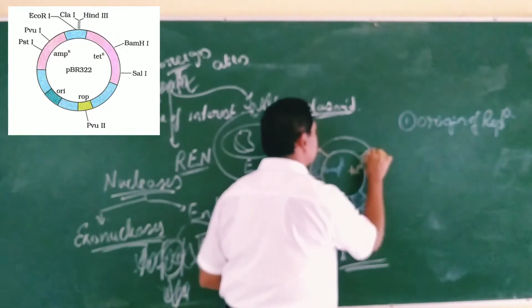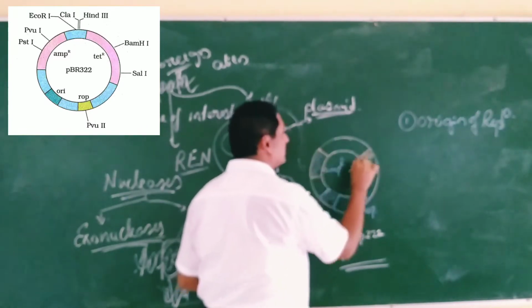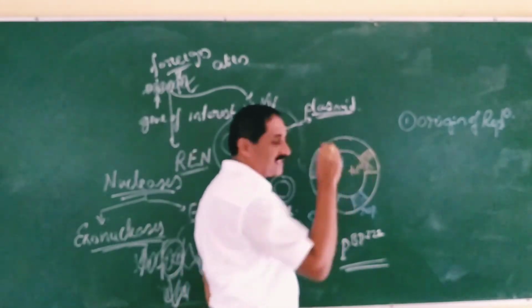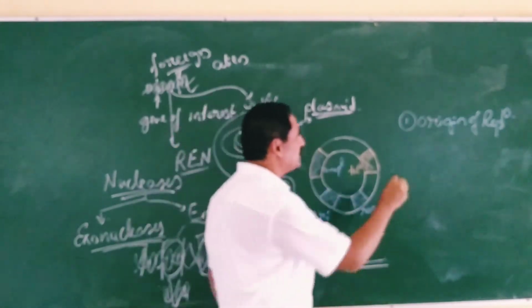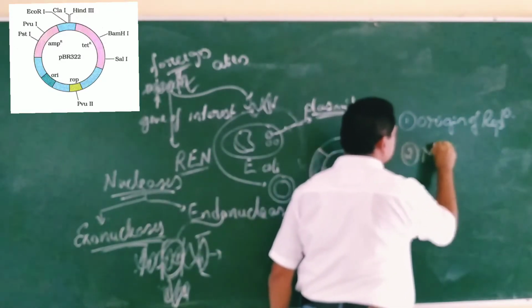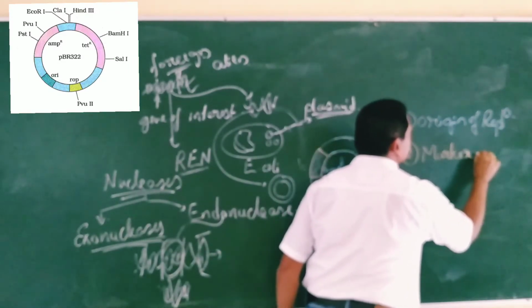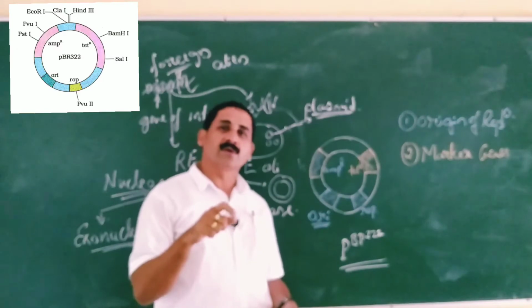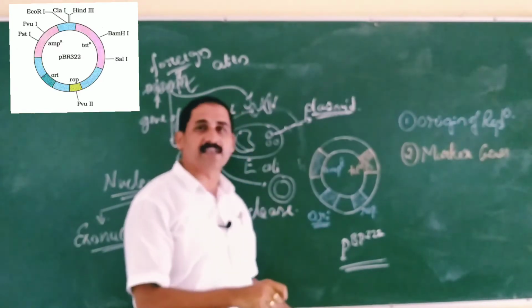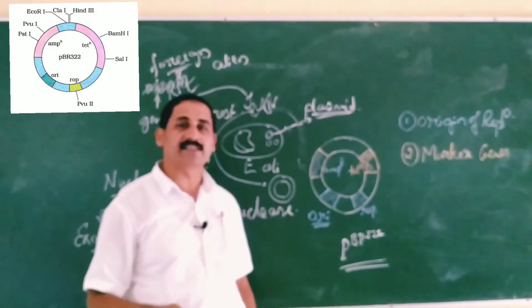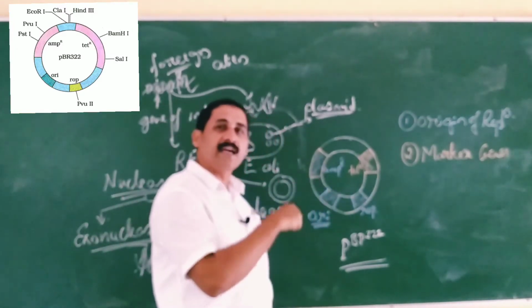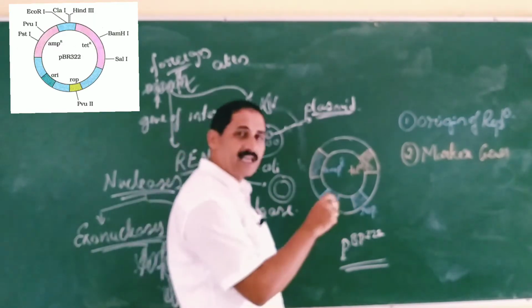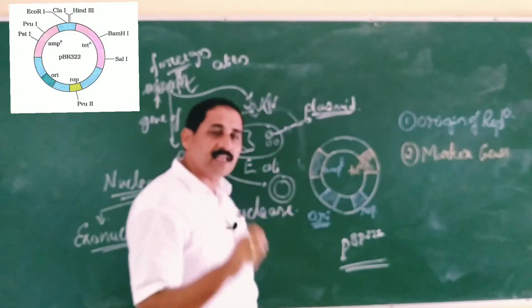It has two such marker genes: one is the ampicillin resistance gene and the other is the tetracycline resistance gene. These two are called marker genes. Marker genes are very necessary to identify and grow the recombinants and to eliminate the non-recombinants. They help to mark the recombinants and eliminate the non-recombinants in the transformed bacterial culture or transformed cell culture.